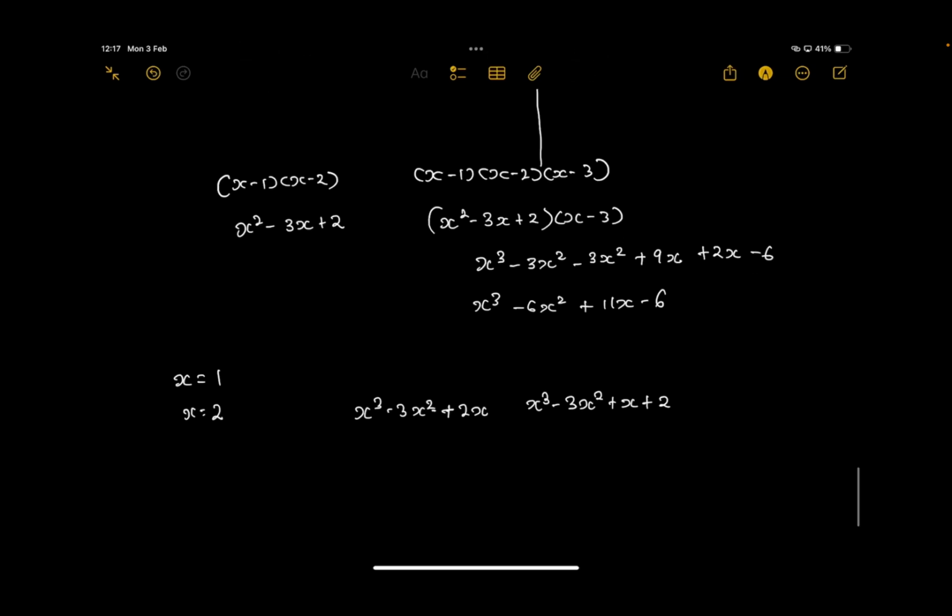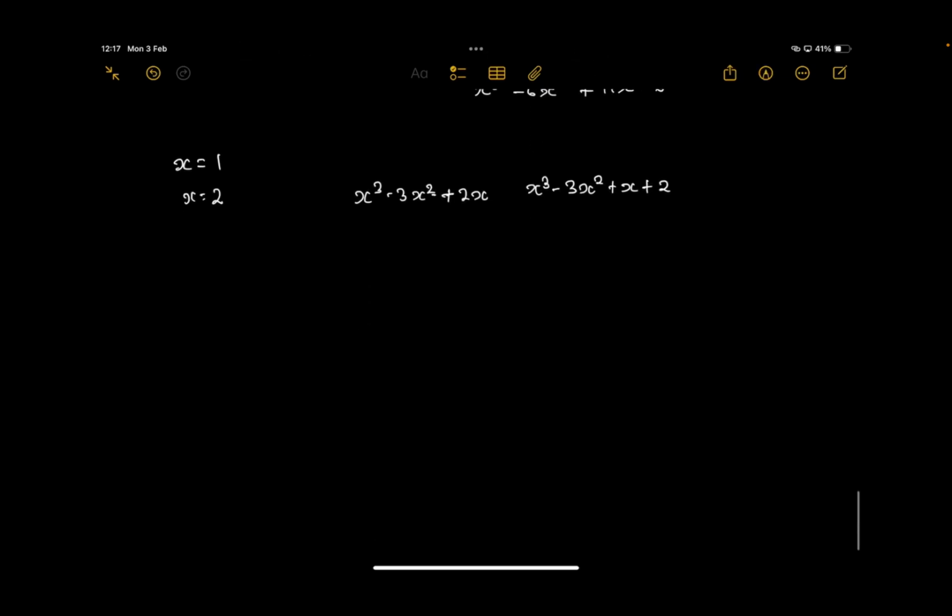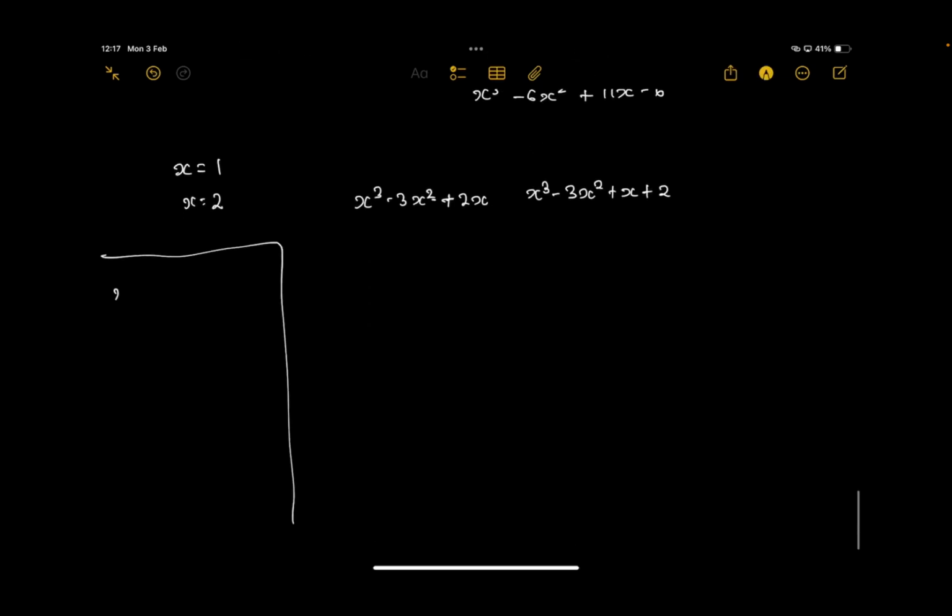Okay, what's yours? x cubed minus 9x squared plus 26x minus 24, and x cubed minus 8x squared plus 19x minus 12. Okay.